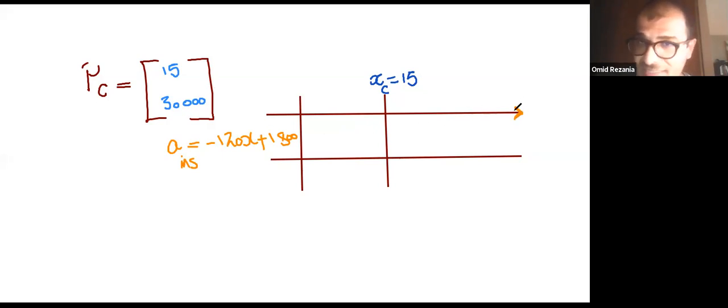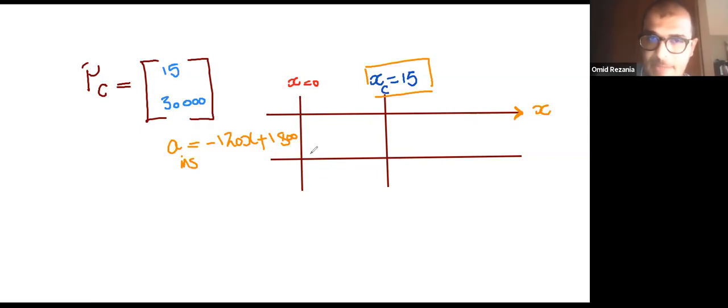I call this my x-axis. And the line at x equals 15 is this one, and I assume that this point is x equal to 0. The line represents x equal to 0.